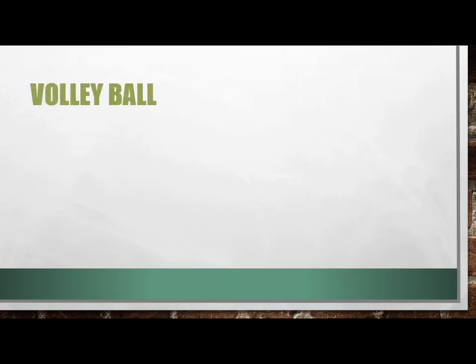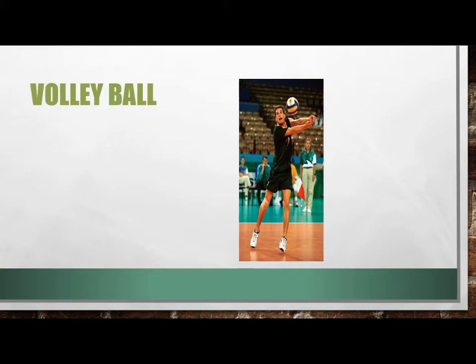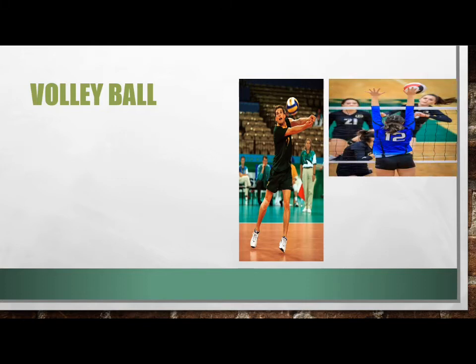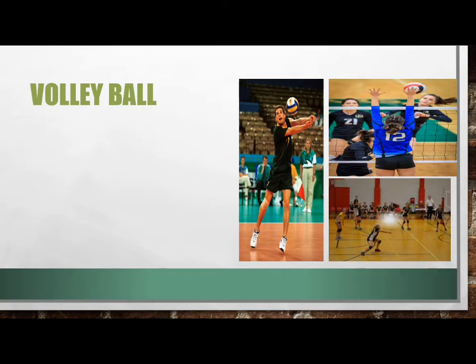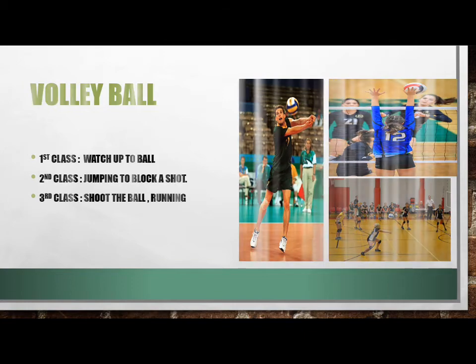Now the volleyball spike includes takeoff, maximum external rotation and ball contact. First class lever is used when the player heads up to watch the ball. Second class lever is used while jumping to block a shot. Then third class lever to shoot the ball and running.